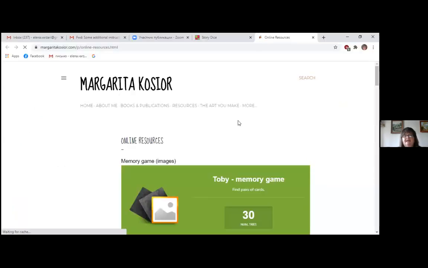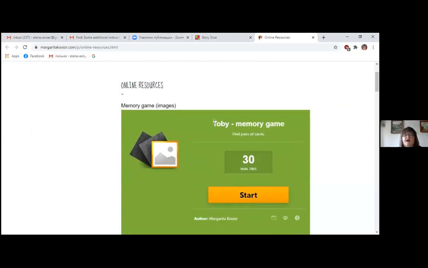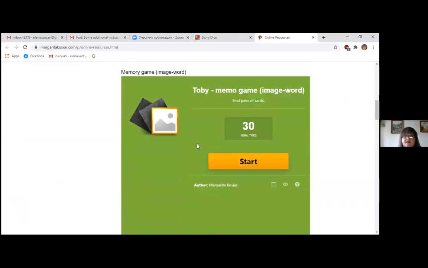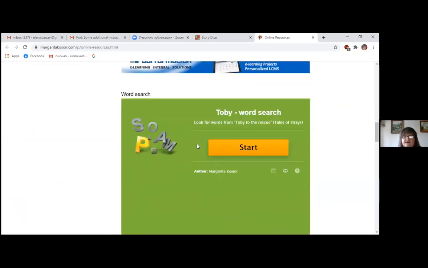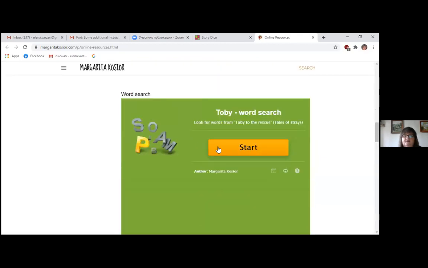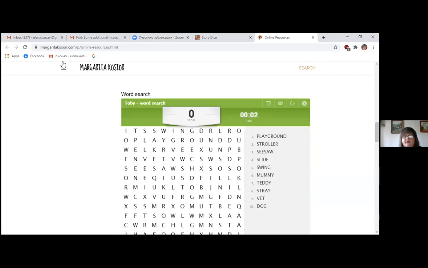This is an amazing site. I highly advise you to use it with many activities online, memory game. I'll show you, let's say, I like this one, word search, or rhymes, or whatever.